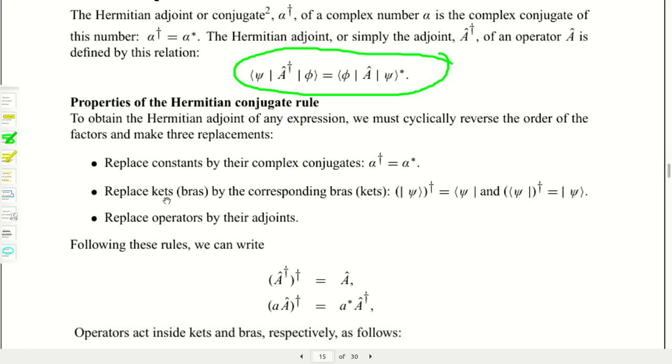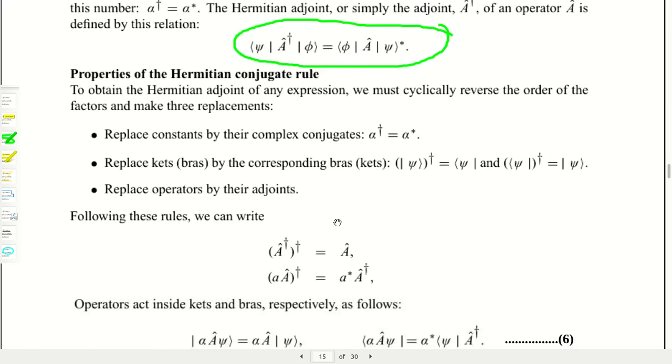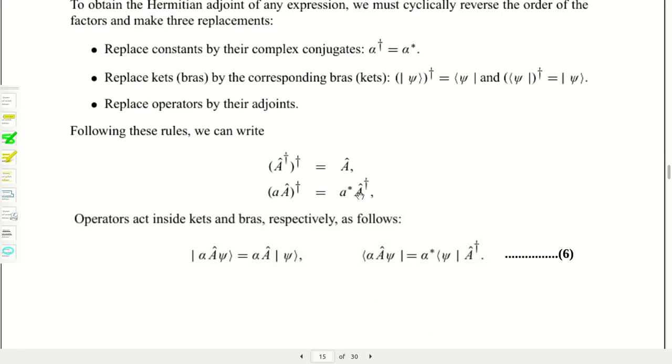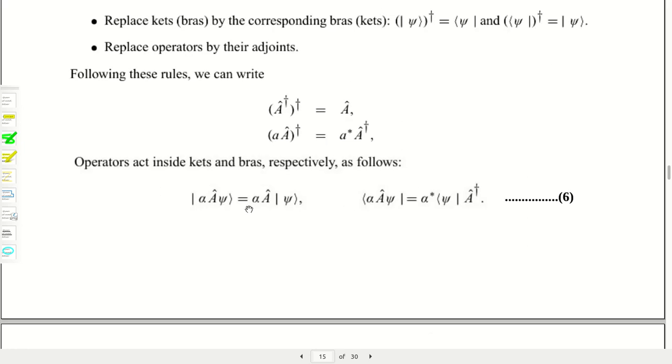And if you take the Hermitian adjoint of a Ket, it will give you the bra, that is, Ket psi whole dagger is equal to bra psi, and similarly bra psi dagger is equal to Ket psi. Okay, and there are some more formulas. This will be understood very easily.